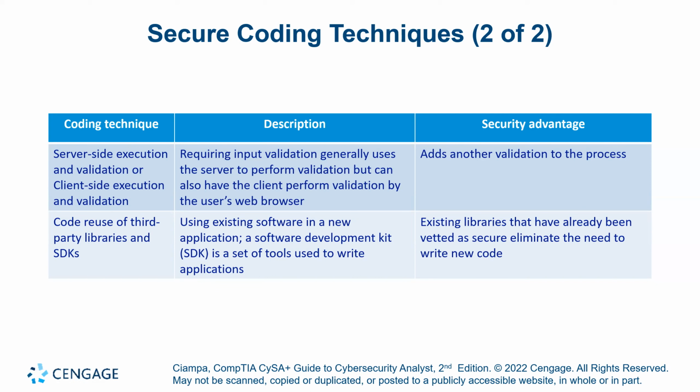A software development kit, an SDK, is a set of tools used to write applications. Existing libraries that have already been vetted as secure eliminate the need to write new code, and it kind of saves you time. And if they've already been vetted, especially by multiple sources, it gives you a little bit of an advantage there.